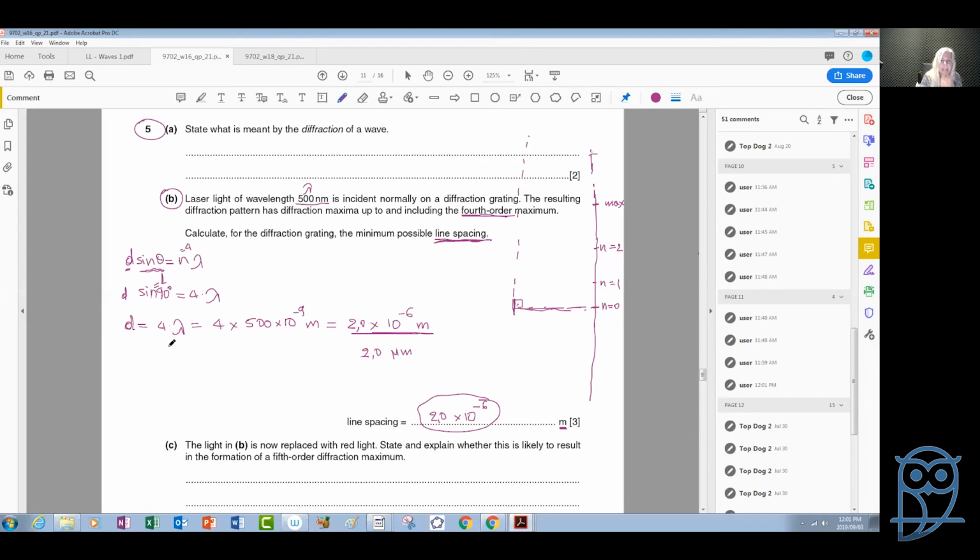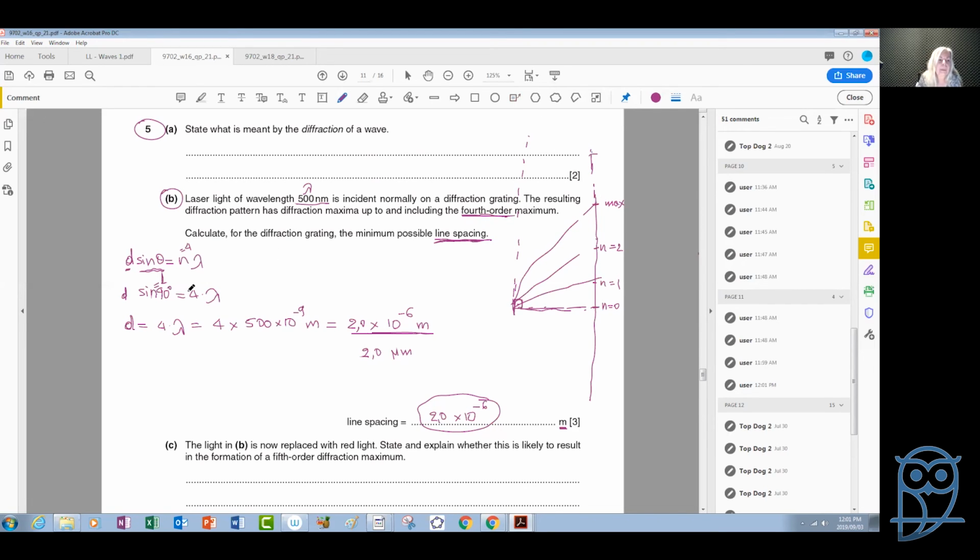The line spacing, all right. That was a kind of tricky question, because we had to understand what they mean by the resulting diffraction pattern has diffraction maxima up to and including the fourth order maximum. They mean that we cannot see any further maxima beyond the fourth order, which means the beam spreads so wide that it really makes a 90-degree angle.